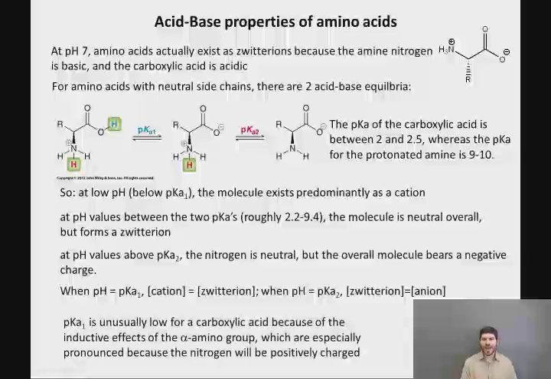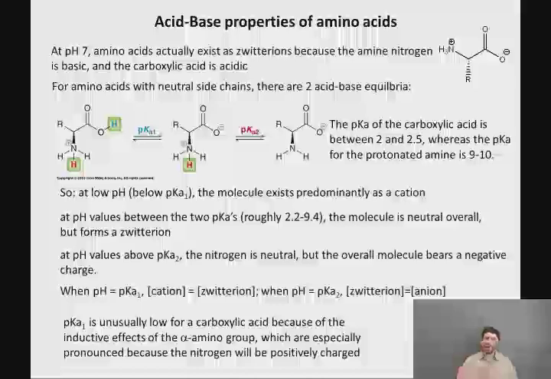One other note that I want to make is that you might have learned earlier in the course that carboxylic acids have their pKa's in the 4 to 5 range. And I'm telling you here that the pKa of the carboxylic acid is in the 2 to 2.5 range. The pKa is unusually low for the carboxylic acid because of the inductive effects of the alpha amino group.